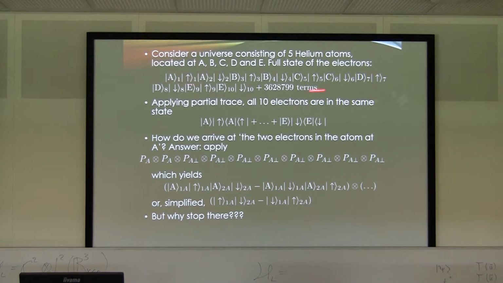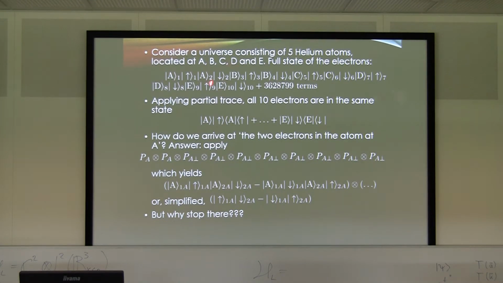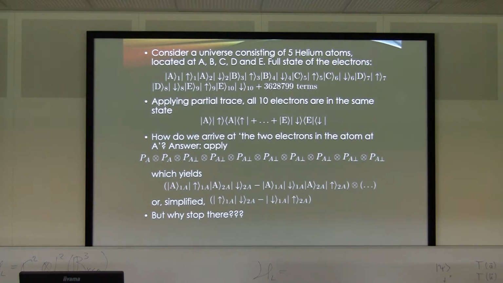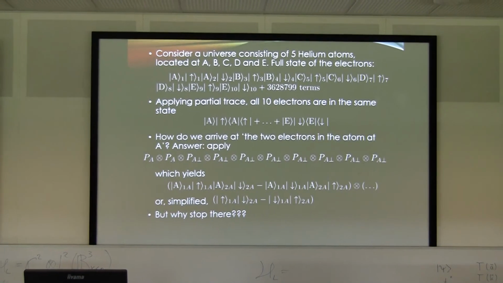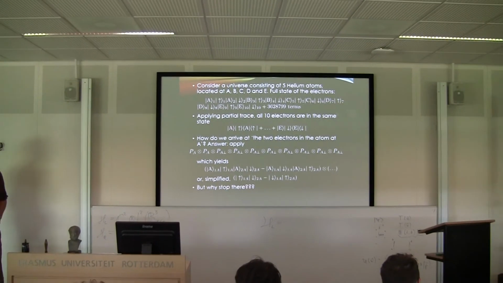But I think in doing that, we do the same thing already, because you can choose different projectors, and then you have a story like, oh, we don't have 2 electrons belonging to atom A, but we have 2 electrons which are in superposition between atom A and atom B. Like I said, I would have to think this through and make it explicit, so maybe I'm not very convincing right now.